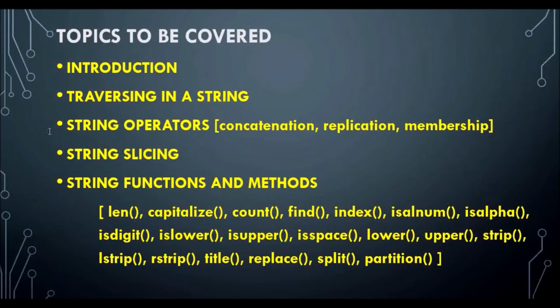Then the next function in the list is index. Basically it returns the lowest index where the specified substring is found, and if the substring is not found, then an exception or value error is raised. It works like find only, but find returns -1 if the substring is not found, and index raises an exception.